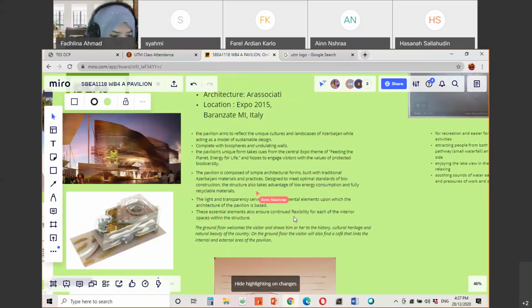The structure also takes advantage of low energy consumption and fully recyclable materials. I am choosing this pavilion because the material that we chose is recyclable material. I forgot to mention, but it is similar to the sculptures that I have chosen to put in my pavilion.